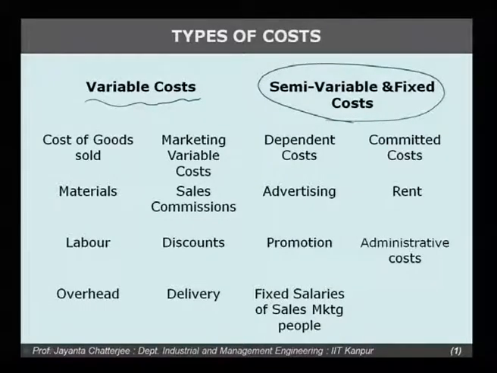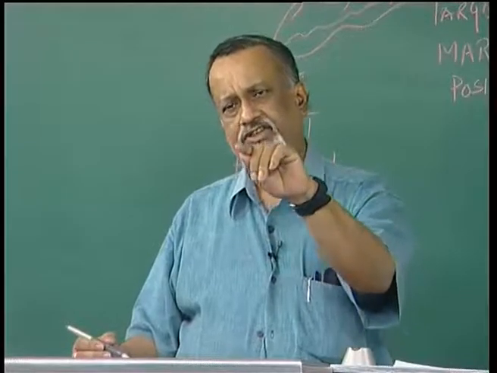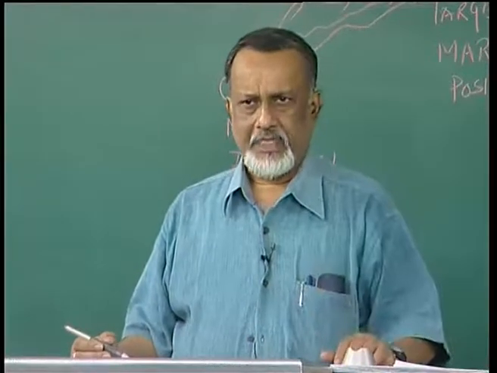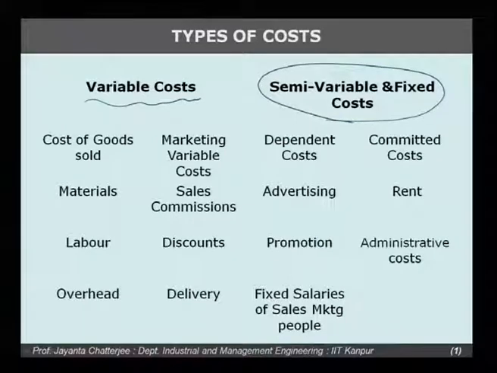In variable costs there are two types. The column on the extreme left, these are costs which can be connected to each unit of product or service delivered to the customer, and so we often call it cost of goods sold.